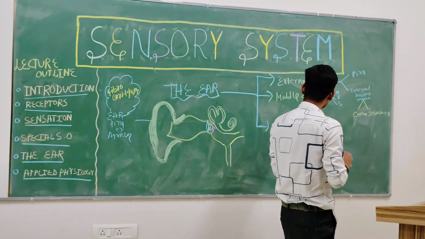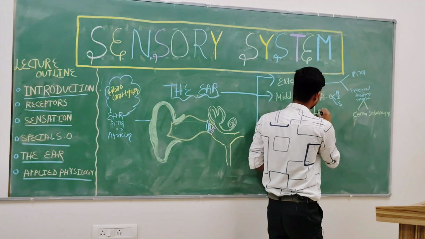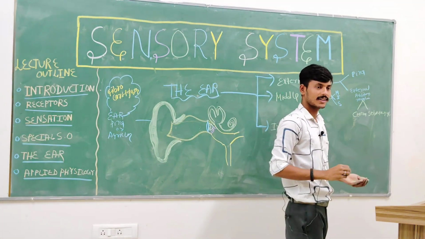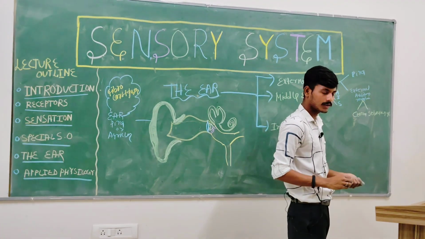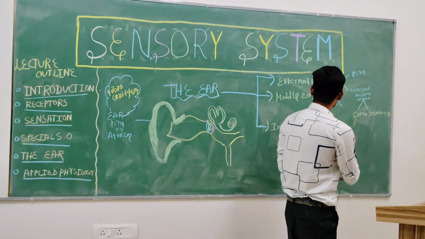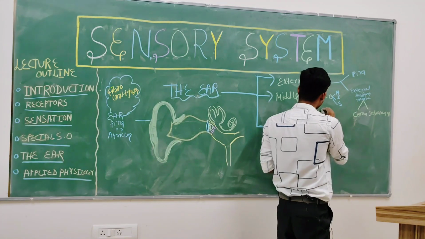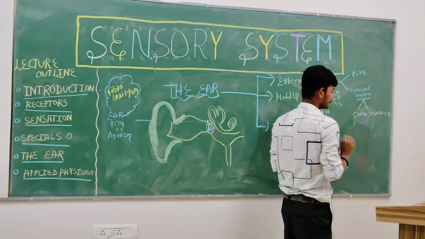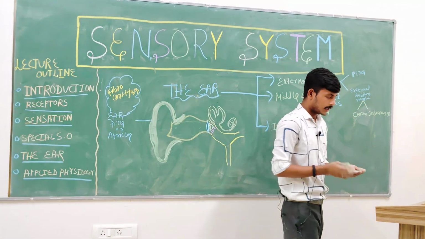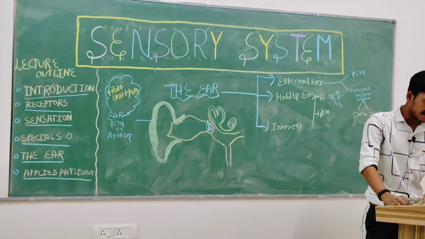Then you have two muscles in the ear associated with these bones. They are collectively called auditory muscles. The names of these auditory muscles are very important.